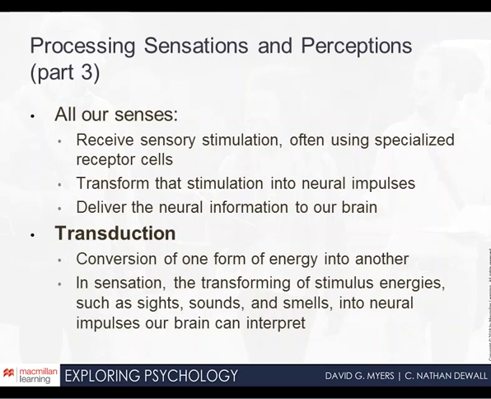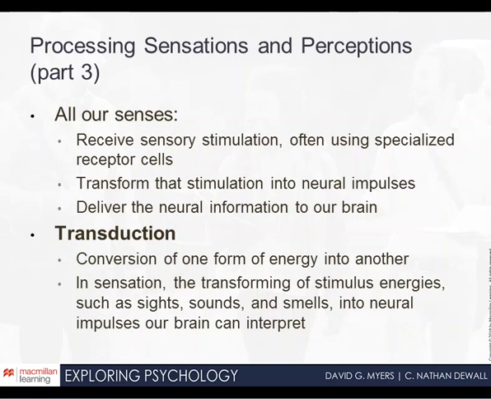We'll talk about light waves and we'll talk about sound waves later. But these are different types of stimulus energies, and we have specialized receptor cells in our body to be able to detect that. Now, the key thing here is that we cannot make sense of light waves. We cannot make sense of the sound waves. We have to have them transduced or turned into a form of energy and information that we can utilize in our body.